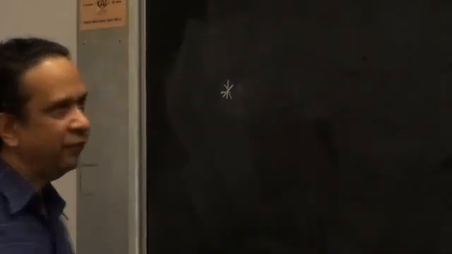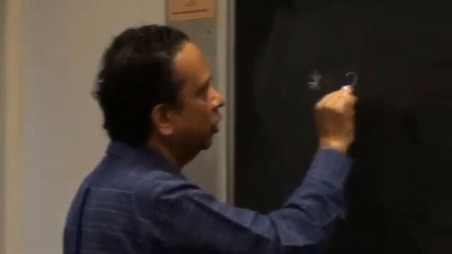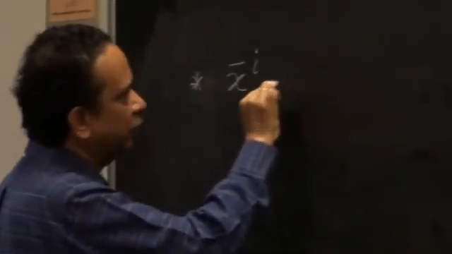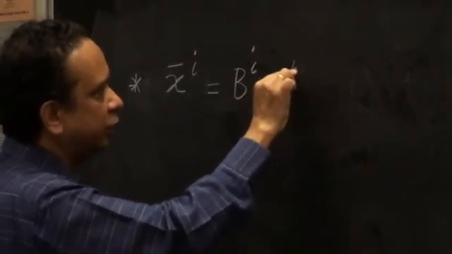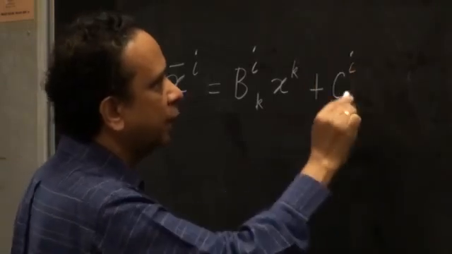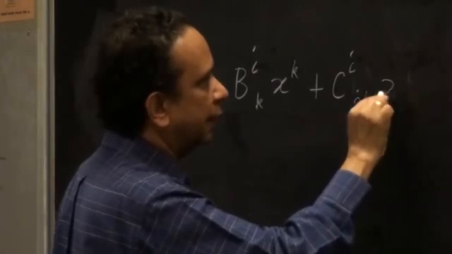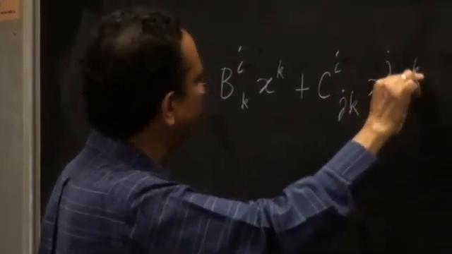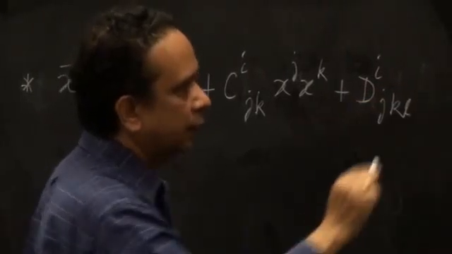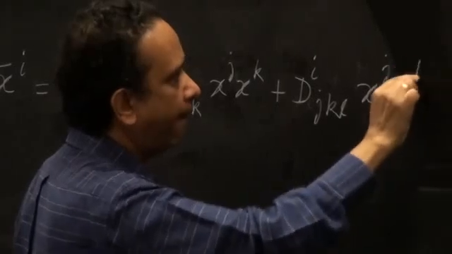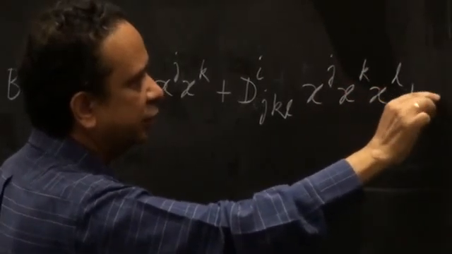So let us take some space-time and let us go near some event, and at that event we were given some coordinate system x^i with some metric, their derivatives, etc. What I want to do is to think of a coordinate transformation to another set of coordinates, let me call it x bar^i from x^i, which I Taylor expand around that event with some coefficients: b^i_k x^k in the original coordinates plus c^i_jk x^j x^k plus d^i_jkl x^j x^k x^l. Turns out this is sufficient for our purpose.